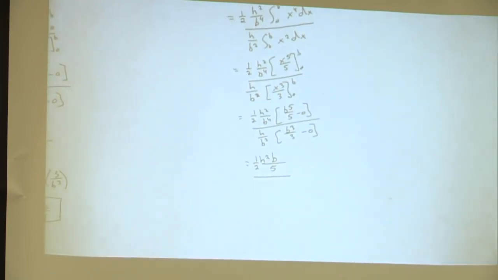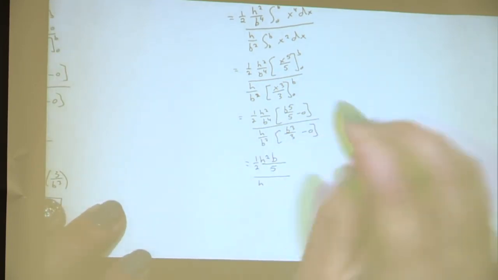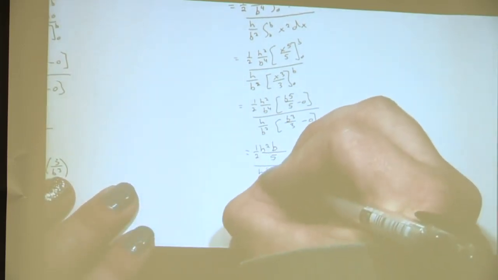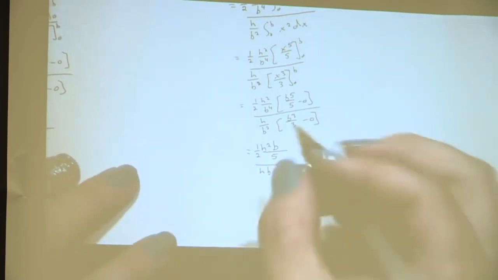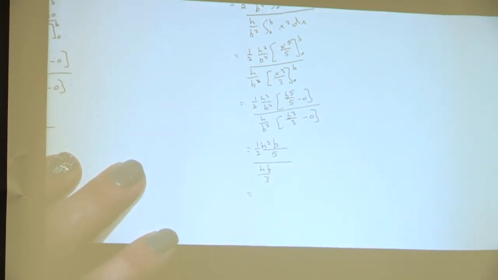What will the bottom simplify out to? So we have 1h, and what happens to the b's? So we have hb over 3. And then what's one way to simplify this a little bit?